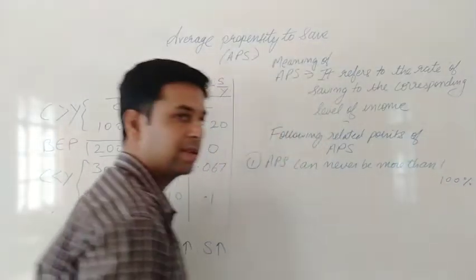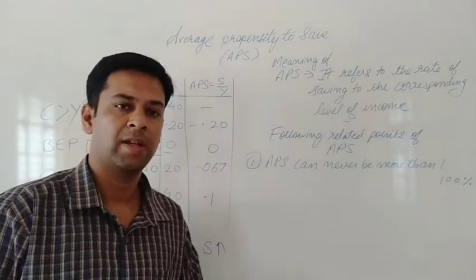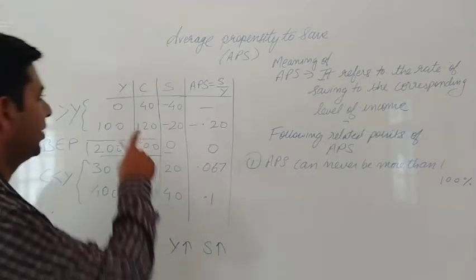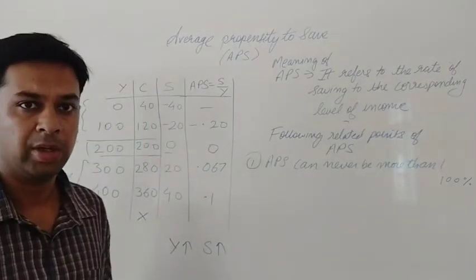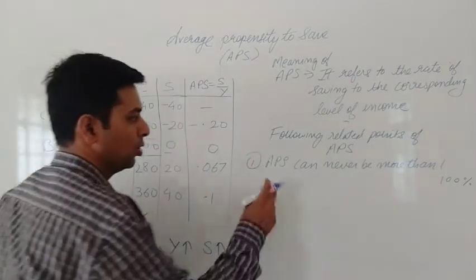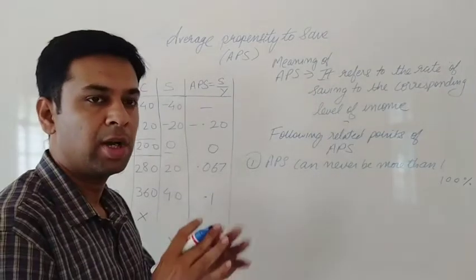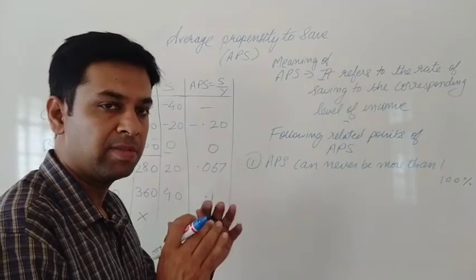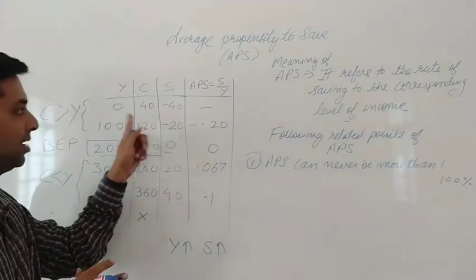Understand it like this. If you are looking at the average in an economy, even when the level of income was zero, your consumption was there. Due to this presence of autonomous consumption, your APS cannot be 1. You cannot save your entire income, because on an average basis you will have to make some expenditure. Consumption will be there at the zero level.